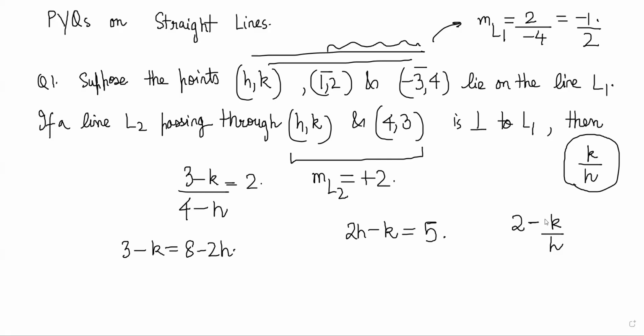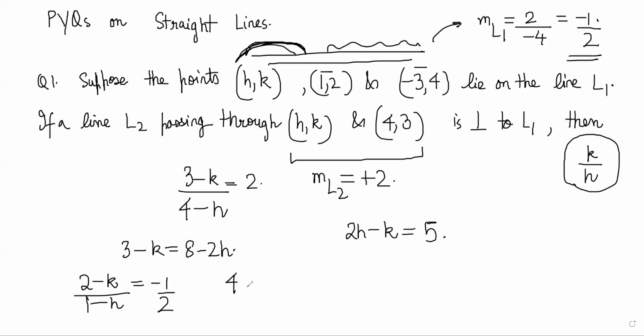So we have one relation here, 2h minus k is equal to 5. And we have the second relation, which will come from the slope between these two points, which is also going to be minus half, right? So we get (2 minus k) by (1 minus h) is equal to minus half.